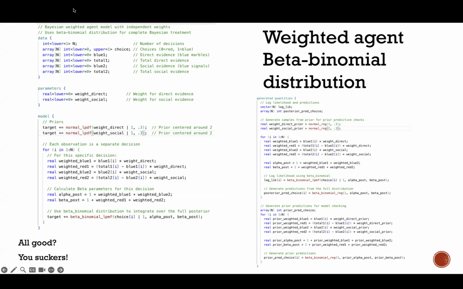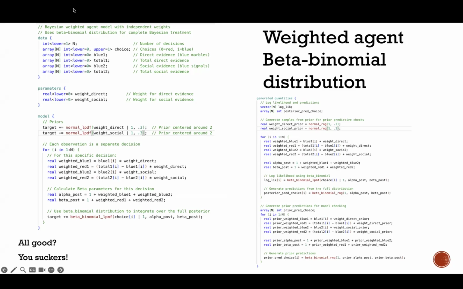Okay, we should restart. So what we have now is data that we simulated from the R models: one that should fit best the simple Bayes, and two that should fit best the weighted Bayes.